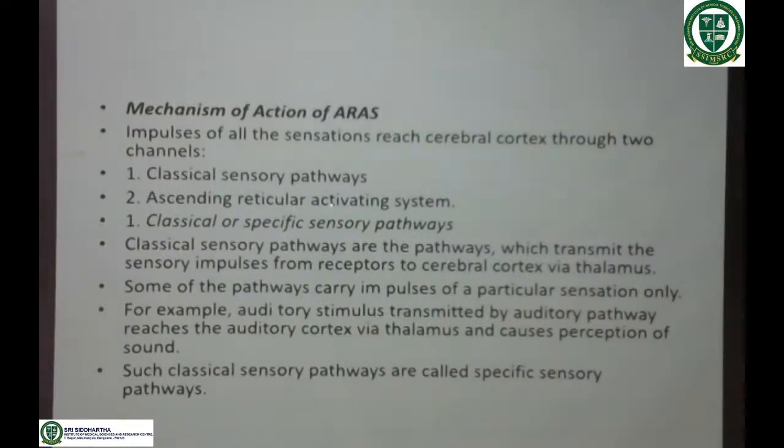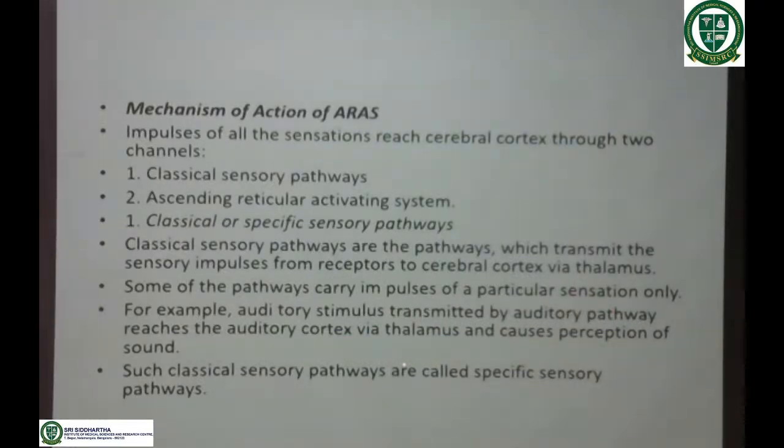The classical pathways are the specific sensory pathways, which transmit sensory impulses from the receptor to the cerebral cortex via the thalamus. Some of the pathways carry impulses of particular sensations only, in the same way as the ascending tracts, where each tract carries its respective sensation. Okay.